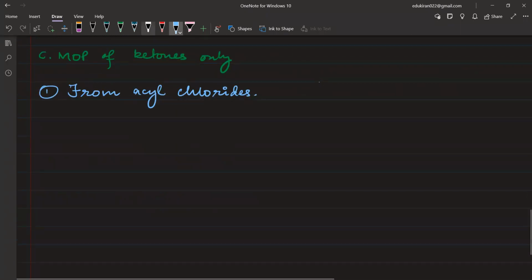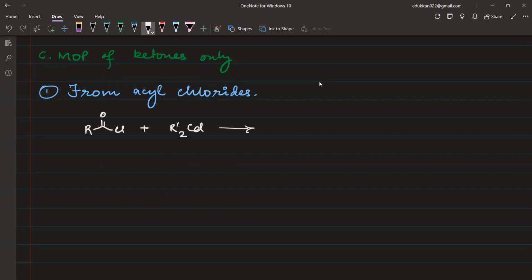Okay, so an acyl chloride is generally written as R C double bond O Cl. Now, when you react this with dialkyl cadmium, some different R dash twice Cd, chlorine is replaced by the different alkyl group.